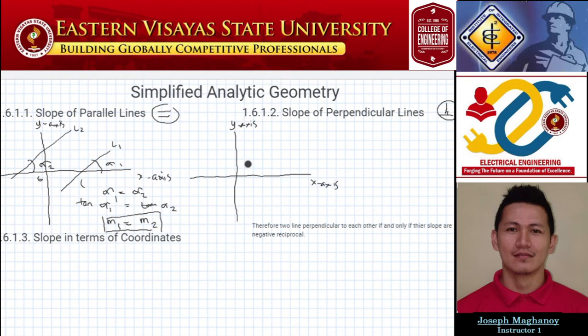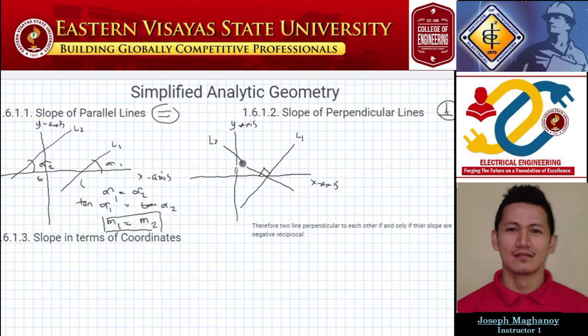So we have a perpendicular line. Again, look at the symbol. For example, this is our line 1. Line 2 is perpendicular to line 1. So if this is our line 2, it's perpendicular. I hope it's clear to everyone what a perpendicular line and a parallel line are.